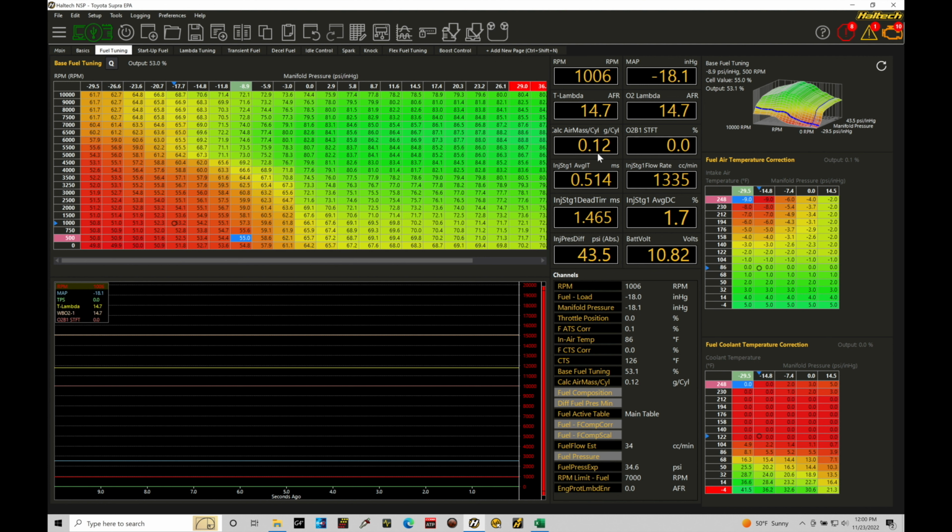This is what we're reporting for the air mass to the Elite, and from there, it's going to take that value and look at what we're specifying in the target lambda target air fuel table. It takes the air mass and divides it by the target air fuel, and then we get our fuel mass.